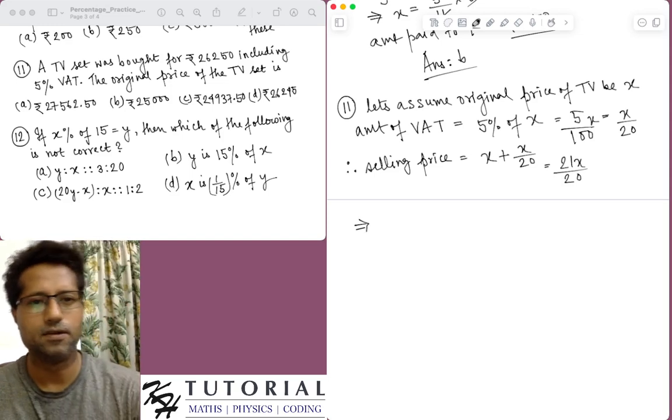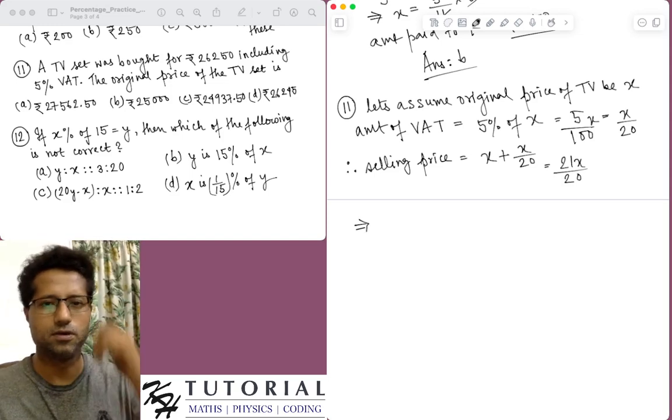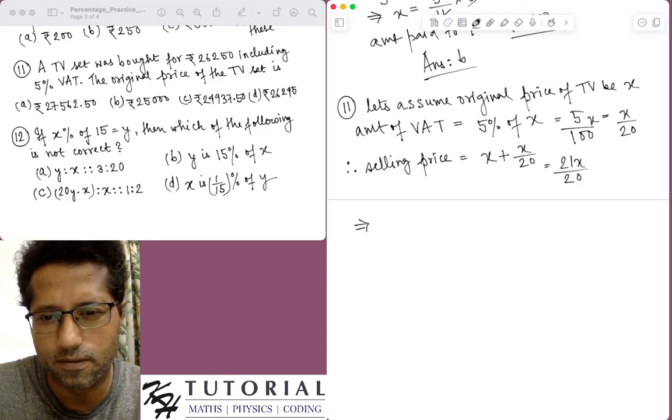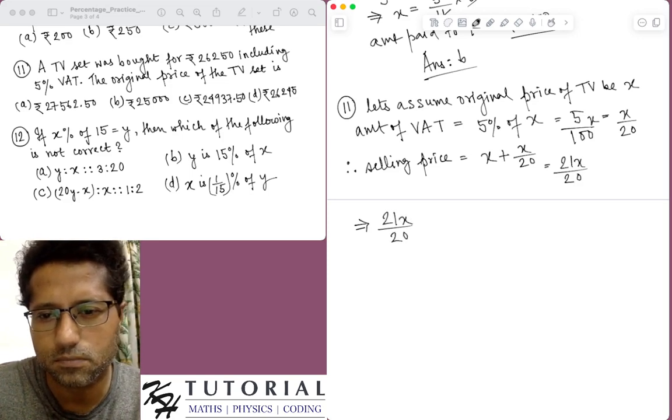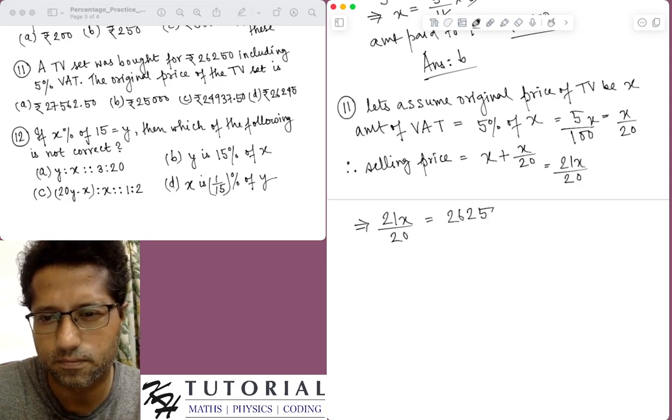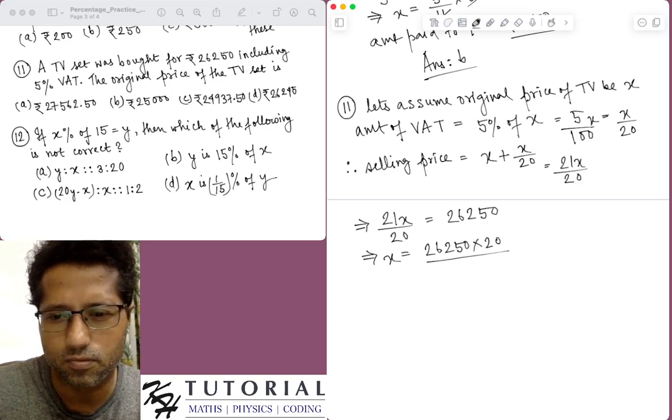It is given that the TV set was bought for 26,250. So we can say that 21X by 20 is equal to 26,250. This implies X equals 26,250 multiplied by 20 divided by 21.